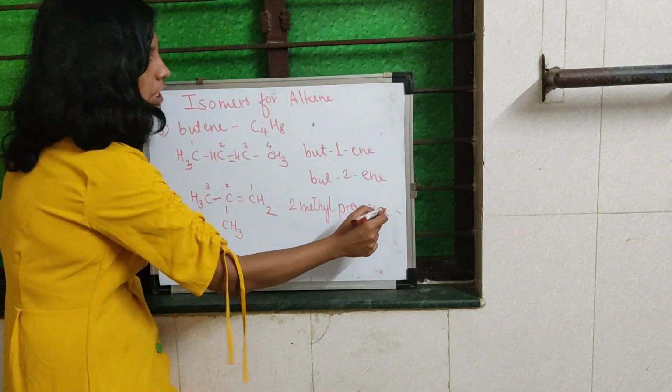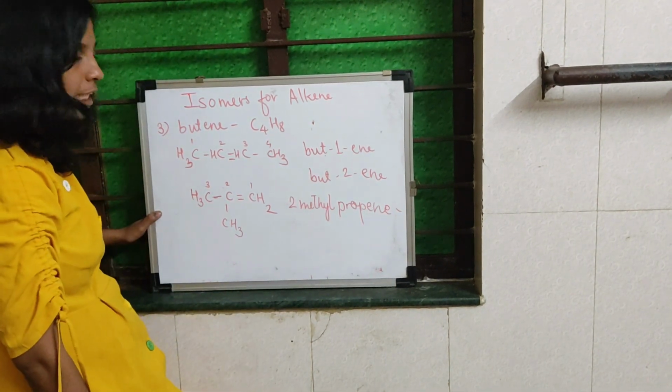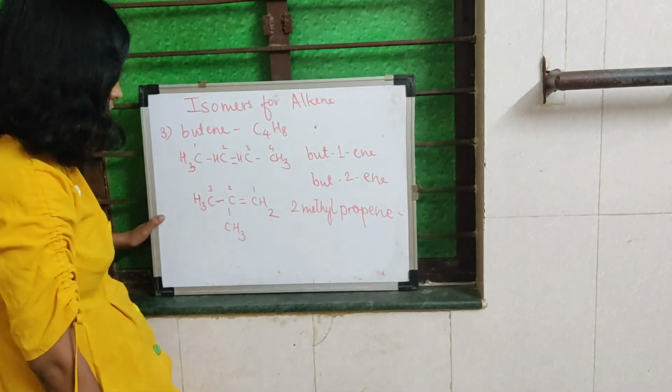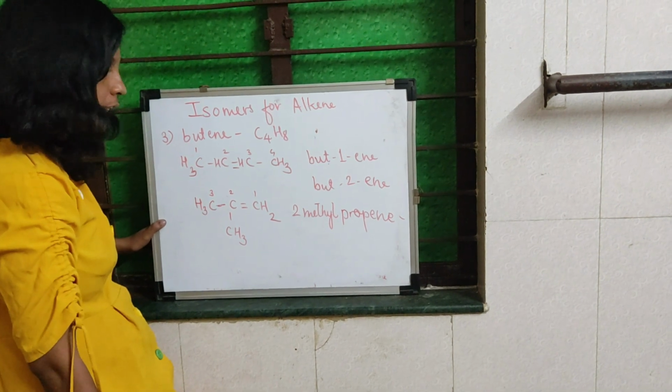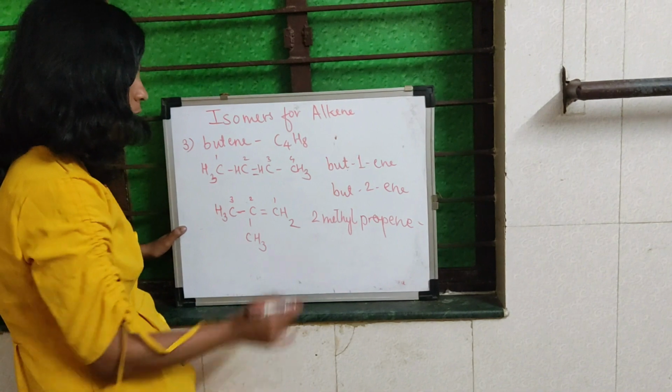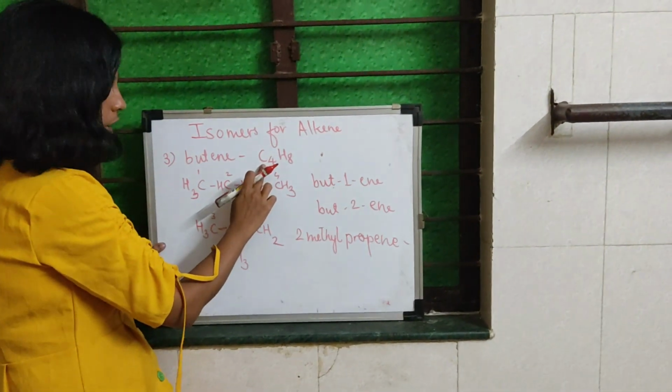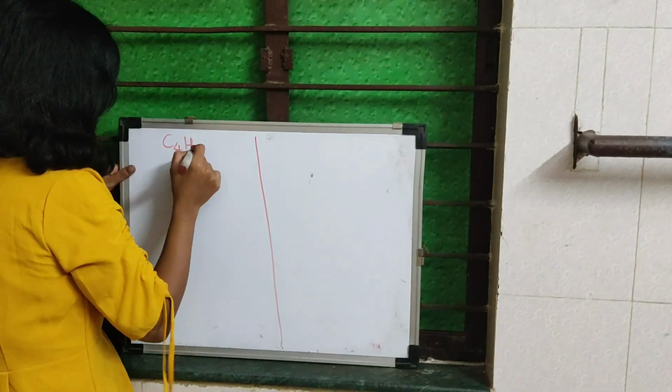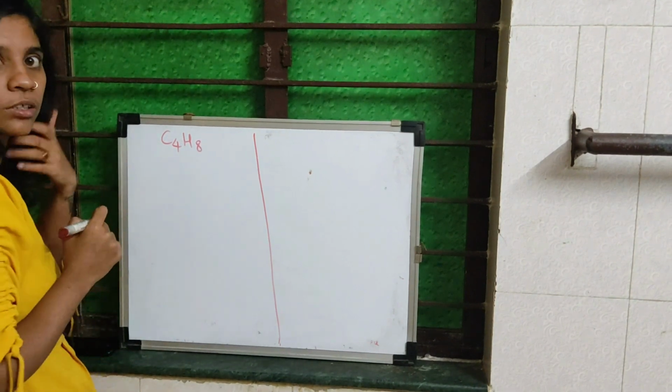Now, these are the 3 alkene isomers that can be formed. But do you think there is any other form that can be formed? So now we need to have 4 carbons and 8 hydrogens. Okay.